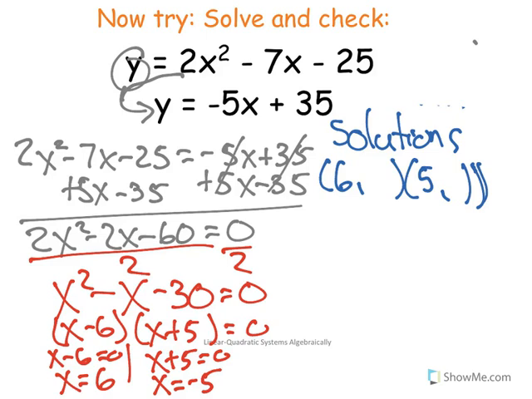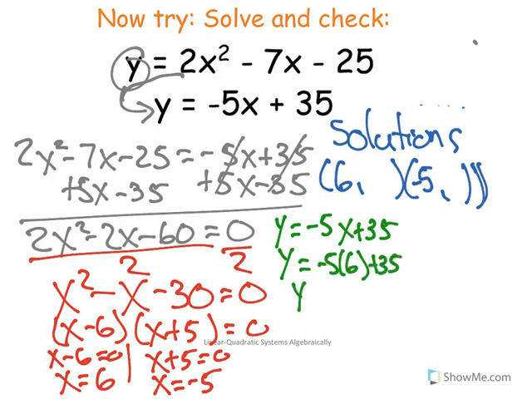So again, guys, I'm going to be consistent. I'm going to stick with the second equation since it certainly will be easier. So I'm going to sub in positive 6, and it looks like I get y is 5.